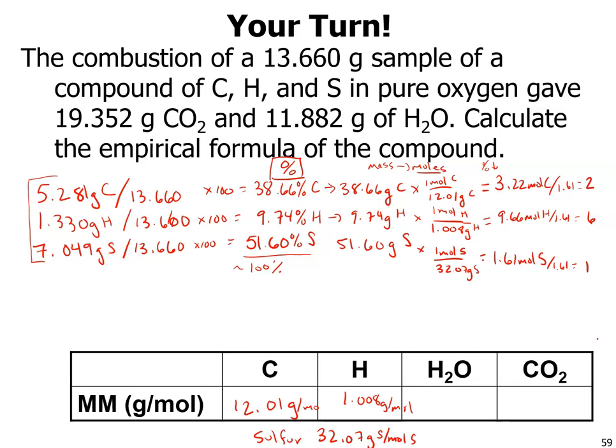And multiply till whole. I don't have to because they're all whole numbers currently. So that means these numbers are the number of atoms within our original sample for the empirical formula. So carbon, we have 2. Hydrogen, we have 6. And sulfur, we just have a 1. So that would be the final answer for the empirical formula for this problem.